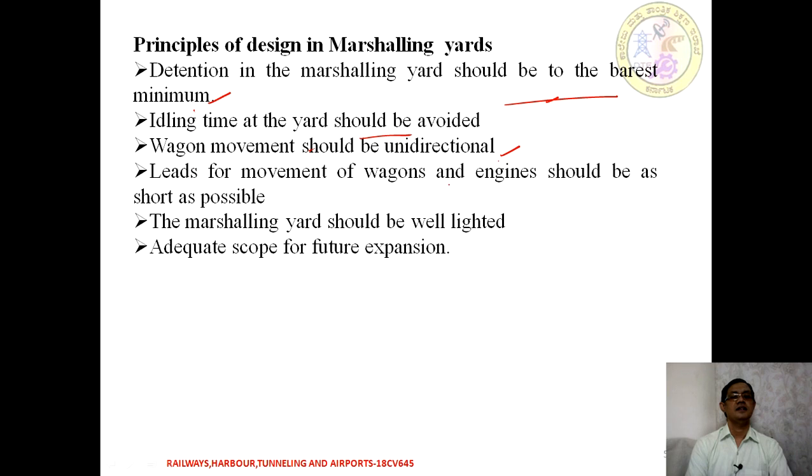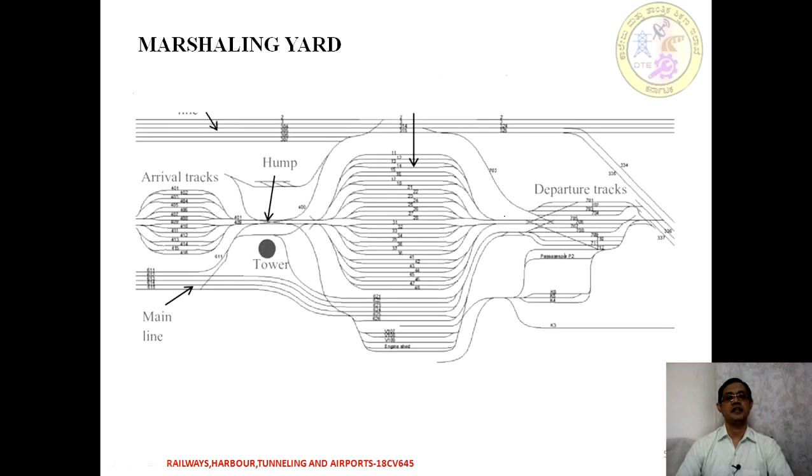Then leads of movement of wagons and engines should be as short as possible. The marshalling yard should always be well lighted because it requires continuous shunting and sorting operations. Adequate scope for future expansion has to be taken into account. So, these are all the guiding principles with respect to marshalling.